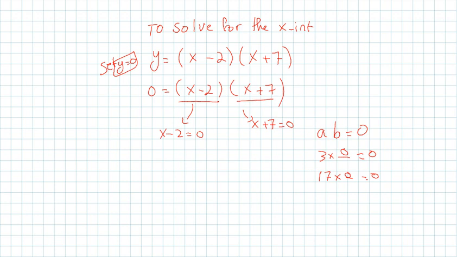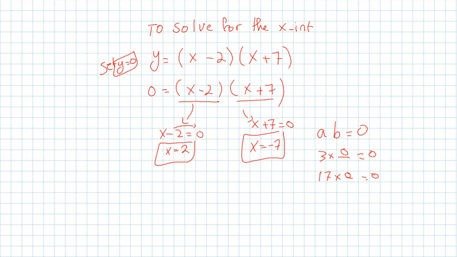Now, when would x minus 2 equal 0? Solve for x. x is equal to positive 2. So bring this over, and that will be x equals 2, right? So when x equals 2, 2 minus 2 is going to give me 0, right? When would x plus 7 equal 0? x is equal to negative 7. So your two solutions, your two x-intercepts, are 2 and negative 7.